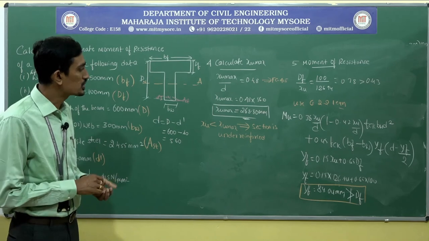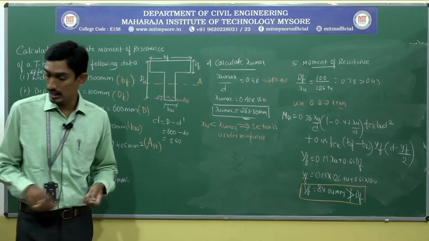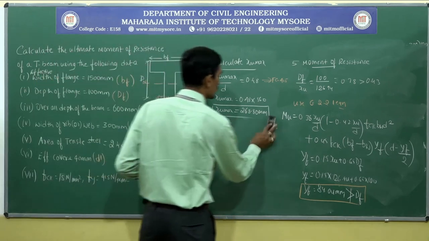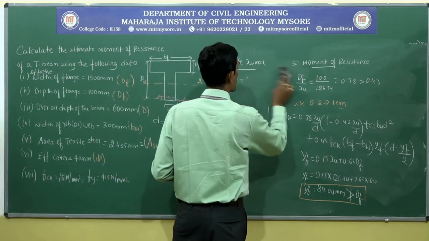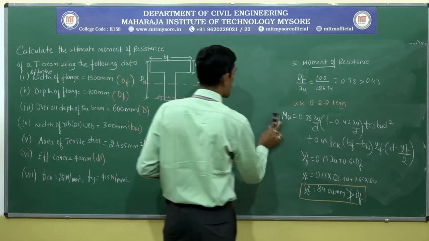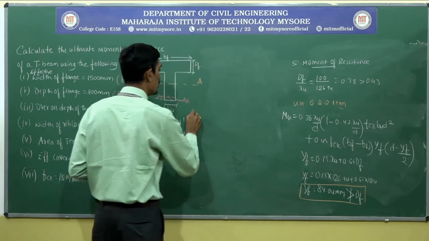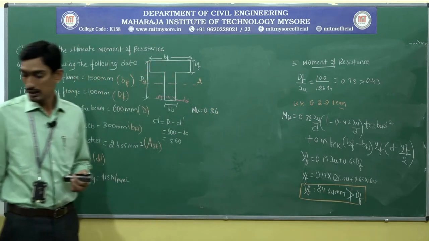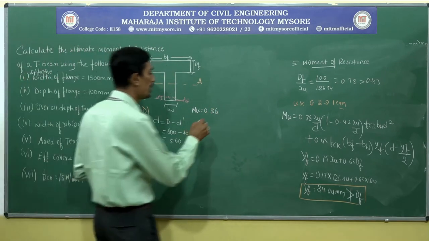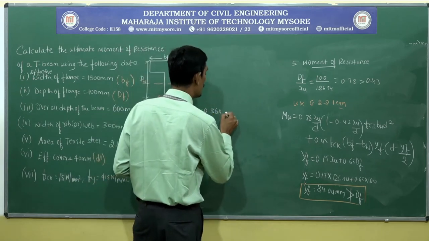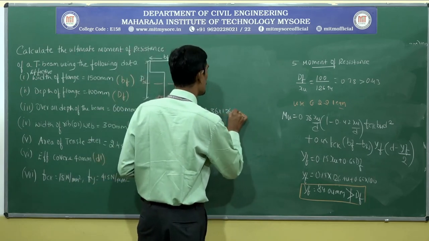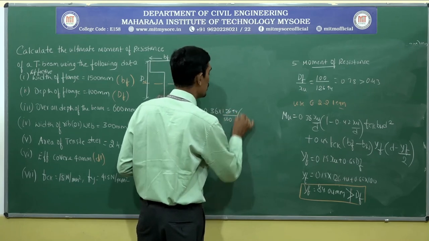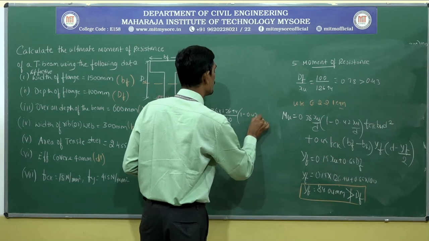So now substitute all the quantities in the required equation. Mu is equal to 0.36, into Xu by d, you can substitute directly, that is Xu value 126.94 divided by 560, and 1 minus 0.42.